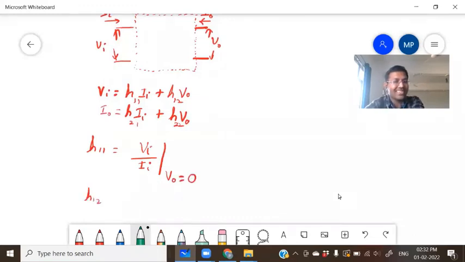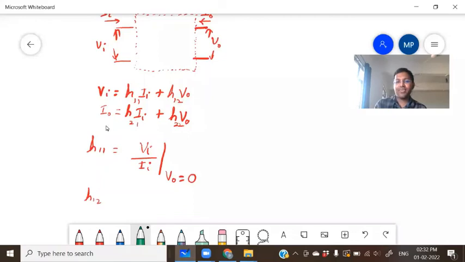Likewise, next let us see H12. How can you get H12? Suppose II is 0, so the first term in the first equation is missing. Then Vi is H12 into V0.